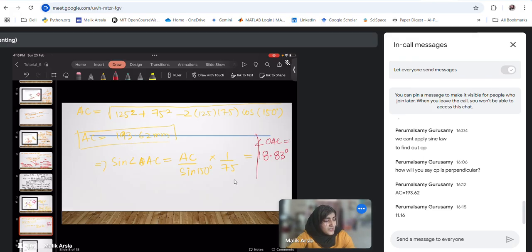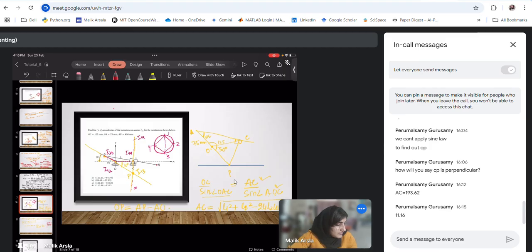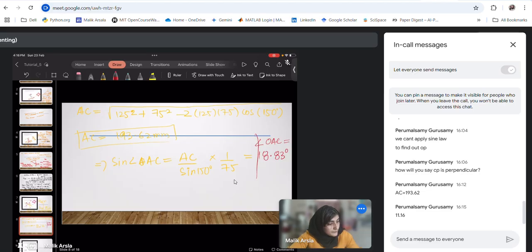Now what we actually needed to find is here OP. So OP is AP minus AO, right? So AO is known. Now as I said, AP cos of this angle will be equal to this AC, right? So let me write it here. AP cos of angle OAC.